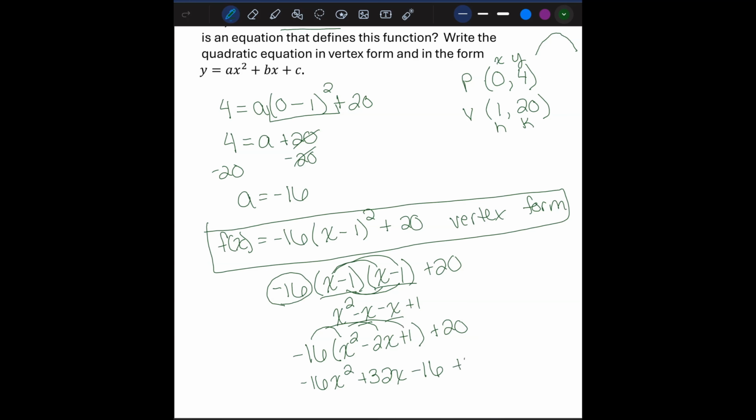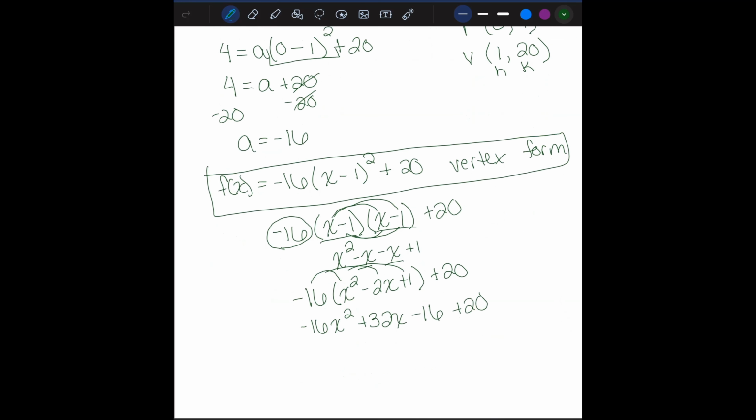And then I still have that plus 20 there at the back. So I'll combine my like terms back here, and I get negative 16x squared plus 32x plus 4. And there is my function written in what we will find out later is standard form.